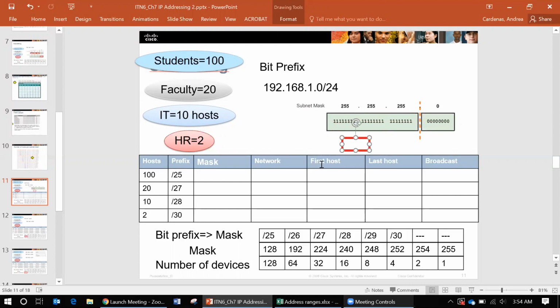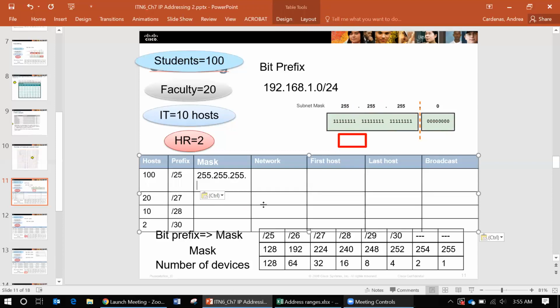Well, we don't have a /24. And also notice that all ones is 255, all ones 255, all ones 255, all zeros is 0. So we know we're using a /25, so we definitely have 24 ones. So let's go ahead and put that here. So it's all 255 here.